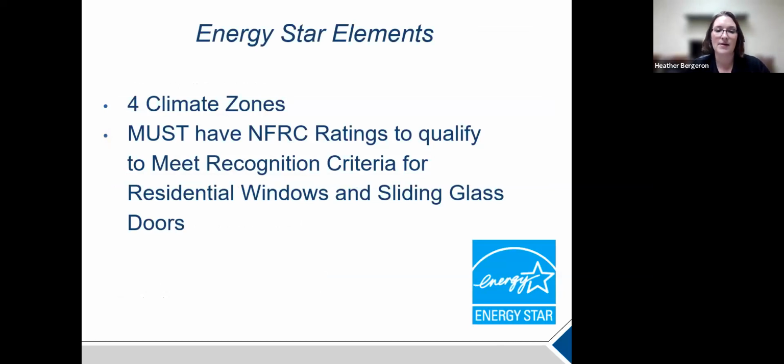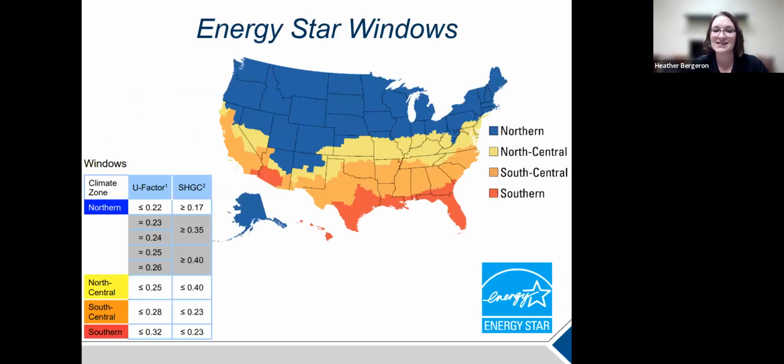EnergyStar elements, as I mentioned, EnergyStar bases everything off of climate zones or zip codes, counties, states, whatever the case is. So climate zone is typically what they go off of. They must have an NFRC rating to qualify to meet the recognition criteria for the residential windows and sliding glass doors. Here's a slide showing you the windows for those 4 different climates.